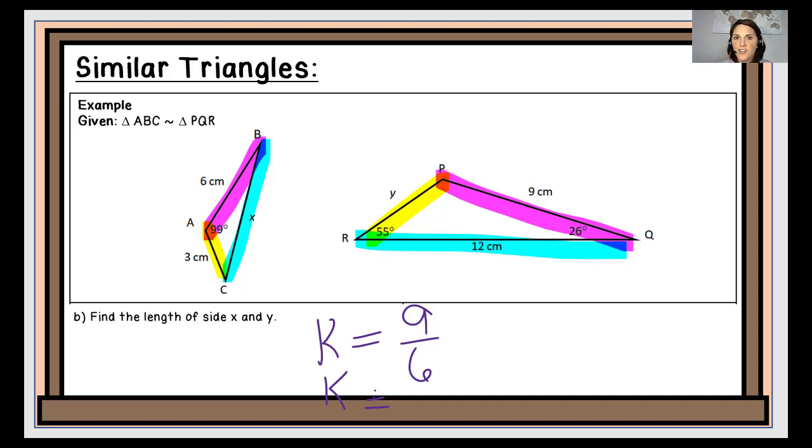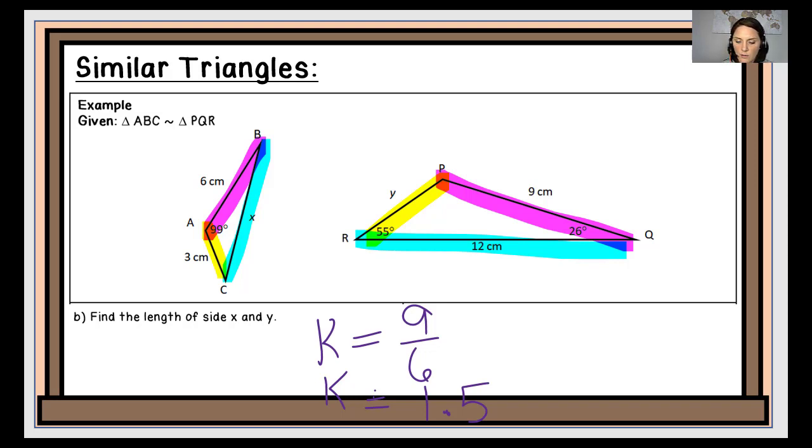So my scale factor here is 1.5. Next I'm going to figure out the value of X. In order to find X, I'm going to take the corresponding side length 12, and divide that by my scale factor.